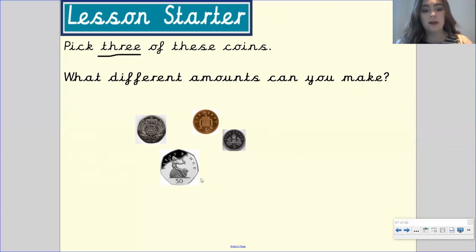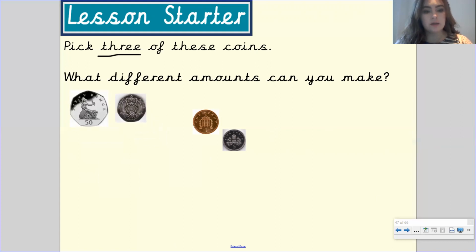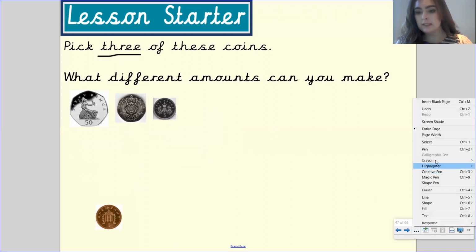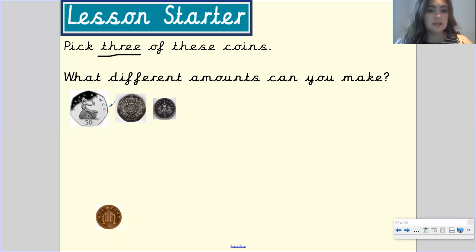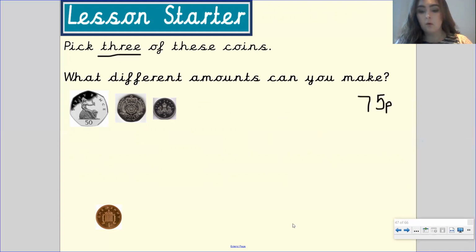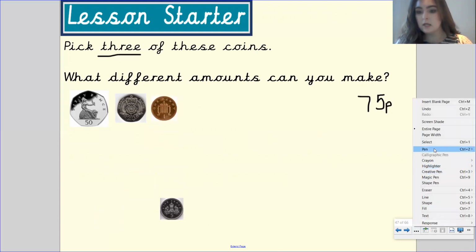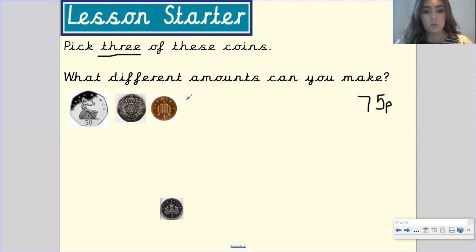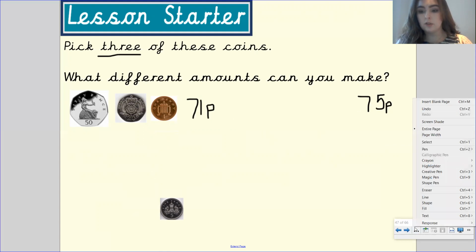Okay, so you could have had this coin, and this coin. So we'll ignore this one as we're picking 3 of these coins. And that would have given you 75 pence. That was one option that you could have had. Or you could have had, if we take the 5 pence away and put a 1 pence there instead, you could have had 71 pence. That was another option.